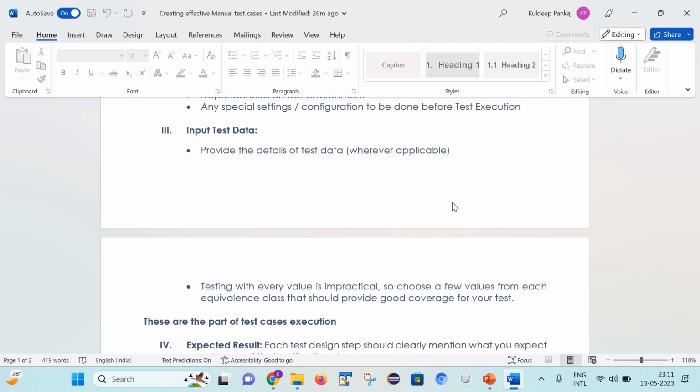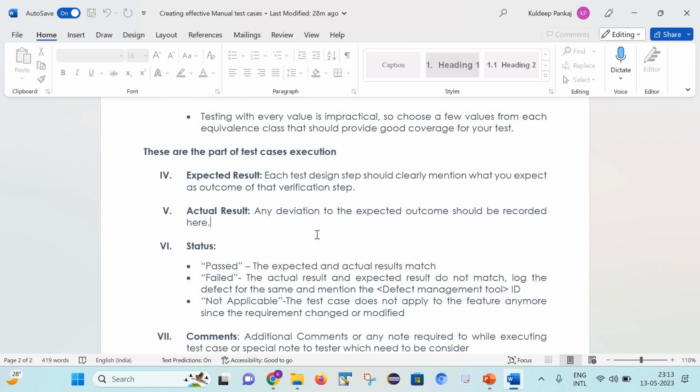As we know, it is not practical to test with all test data, so we can follow certain test case creation strategies like boundary value analysis and equivalence partitioning to define our test data in a very precise way, so that it can be used during test case execution.